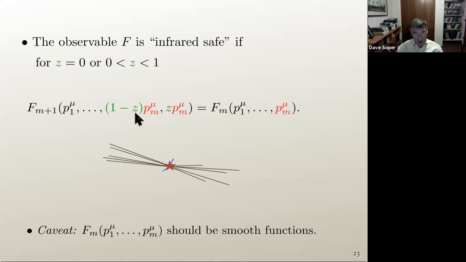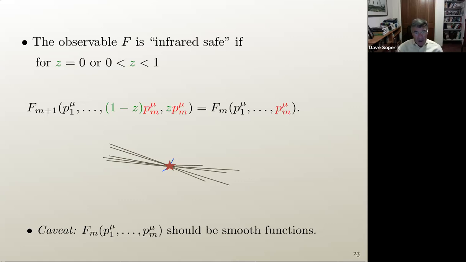So those are two partons that in this limit are collinear to Pm, with momentum fractions z and 1 minus z. And z could be 0 here, so if z is 0, then the last parton is soft.